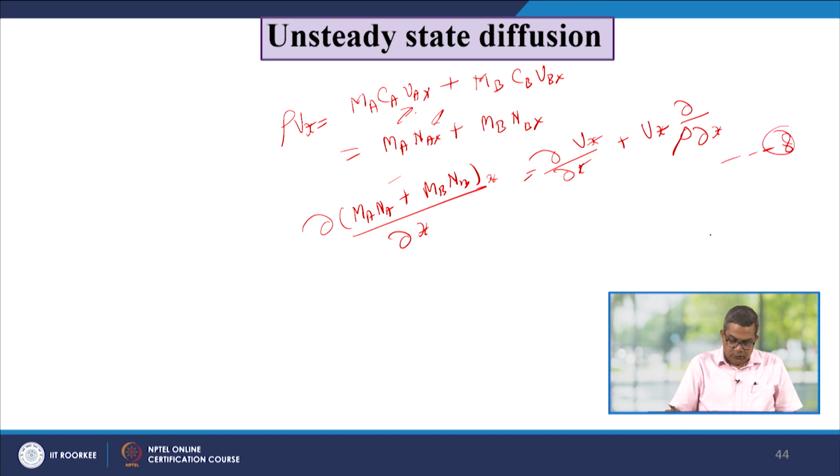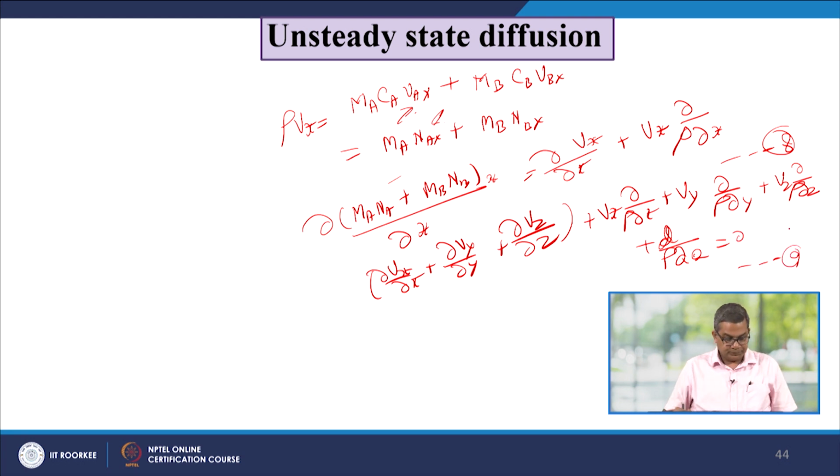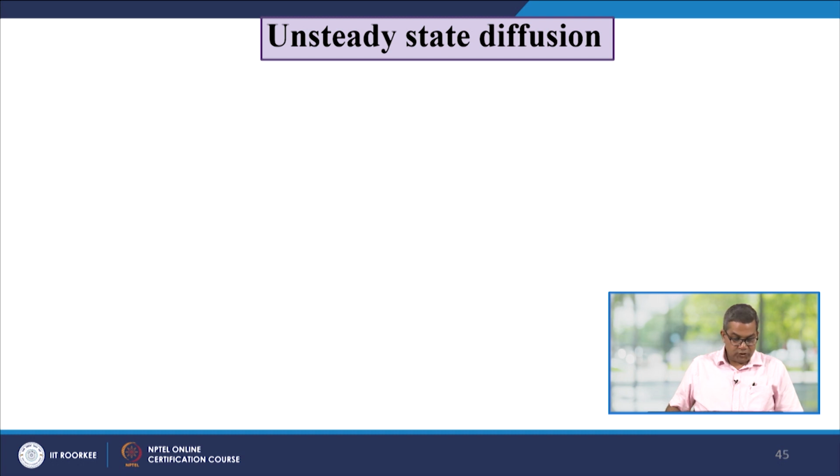If we substitute equation 8 into equation 7, we get del Vx over del x plus del Vy over del y plus del Vz over del z plus Vx del rho over del x plus Vy del rho over del y plus Vz del rho over del z plus d rho over dt is equal to 0. This is equation number 9. Now, this is the equation of continuity or the mass balance for total substance.